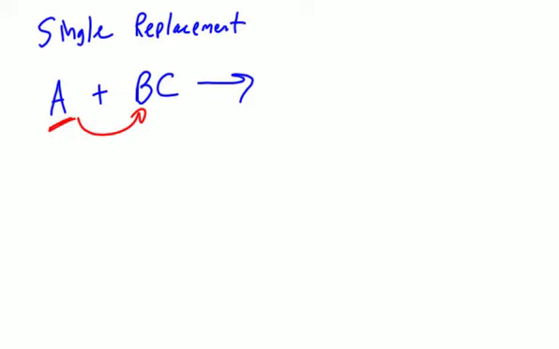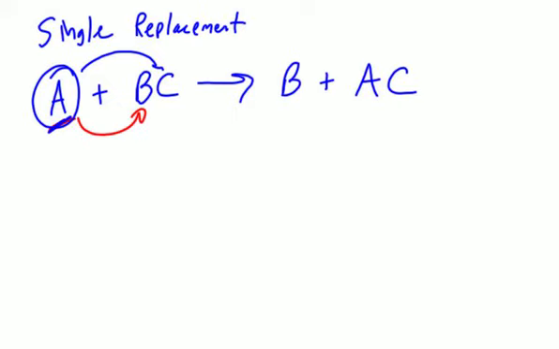So if A and BC get together, maybe we end up having B by itself and AC together. To use a high school relationship analogy, somebody's single and they cause a breakup, and then that single person now is getting together with one of those in the couple, and then somebody else is single as a result. That's the sort of analogy here.